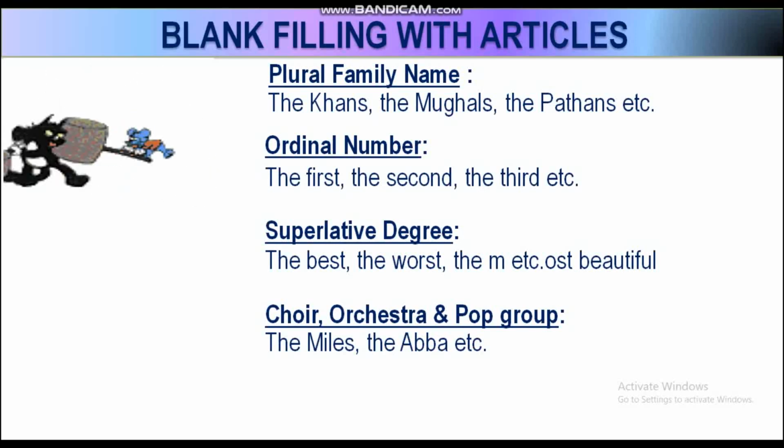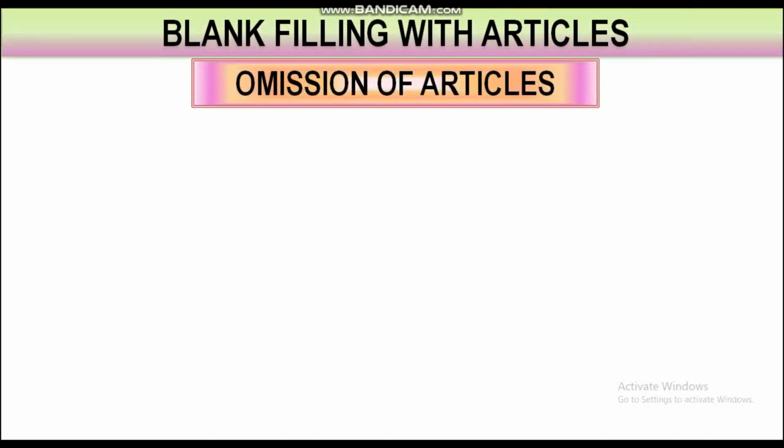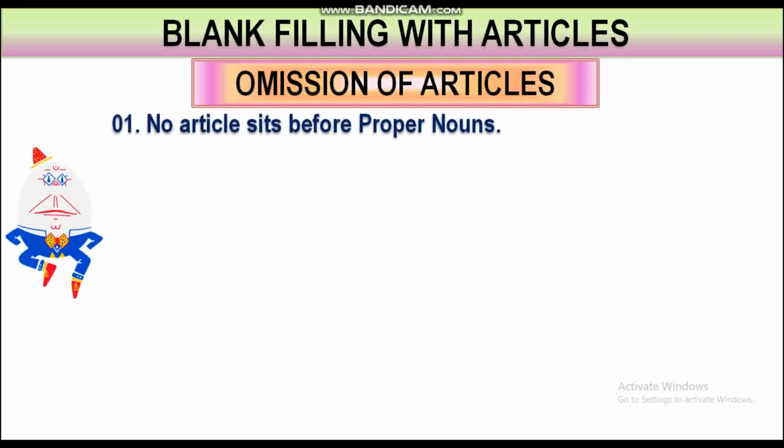Now, dear students, I will discuss omission of articles. I mean, where articles are not used. We have already come to know that article is generally used before nouns. But no article sits before proper nouns. Proper noun means the noun that denotes the name of a particular person or place.